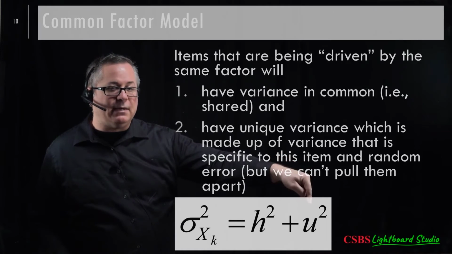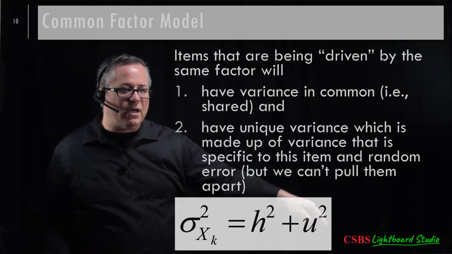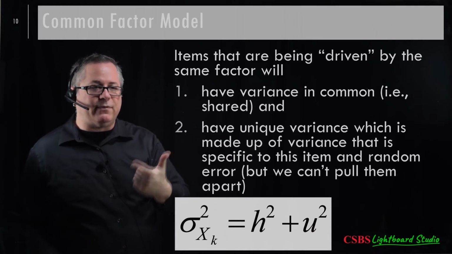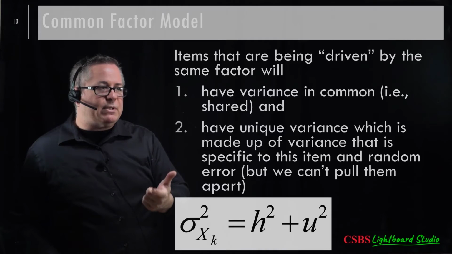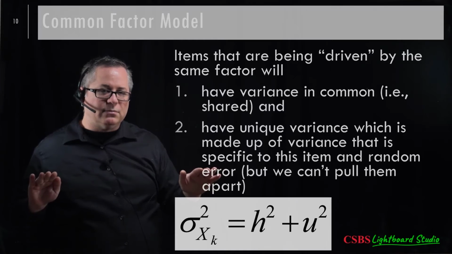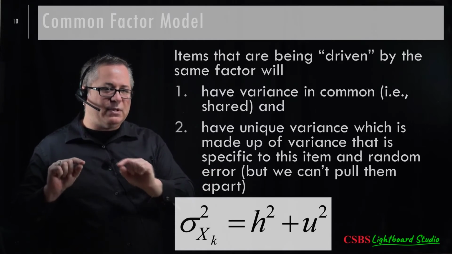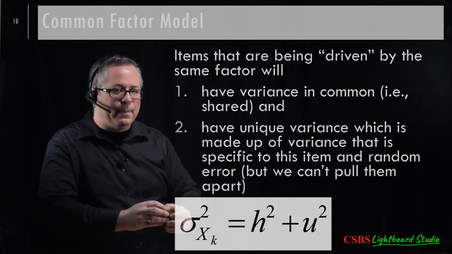And that's fine, but truly, this thing is a combination of error plus something we call specific variance. Specific variance is variance that is in the item. It's not error. It's not noise, but it's just variance that doesn't relate to the other items. It's variance that's just specific to that item.